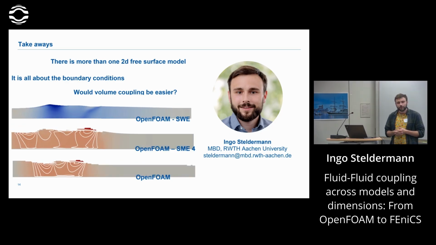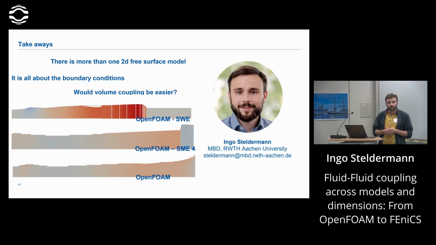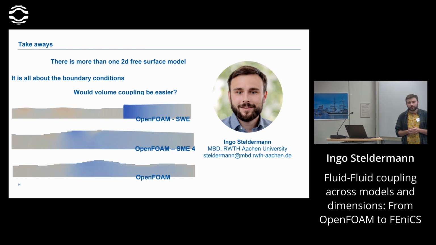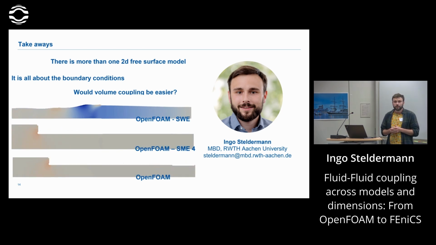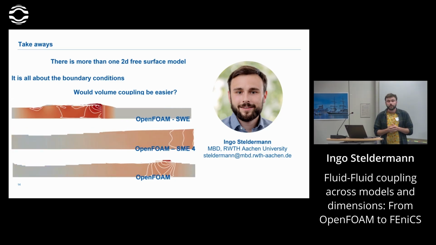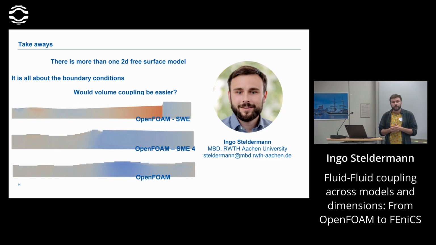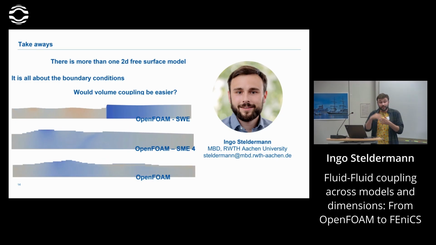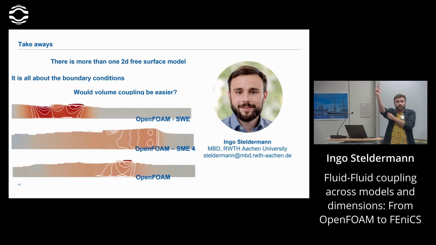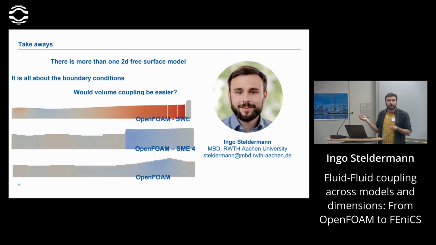Then a question: I didn't really understand why you have such a problem with momentum, because both equations have a momentum equation. So you should be able to enforce continuity of momentum. But the momentum flux needs to be the same in order to conserve momentum across the boundary. The momentum flux is the squared thing, and the integral of the squared thing. If one is a block profile and the other one is not, you can only conserve the mass flux, but not the momentum flux.